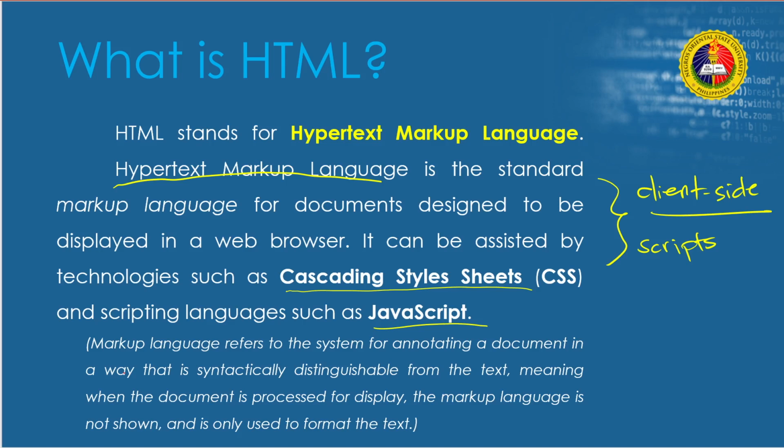These three are the scripting languages that our browser can read. That's why it's called client side, because it can be run on the client, which is browsers, mobile apps, something like that. So these three, hypertext markup language, cascading style sheets, and JavaScript, are client-side scripting languages.